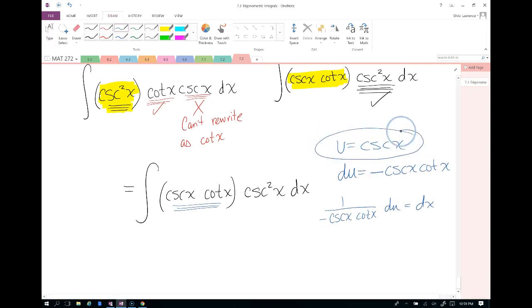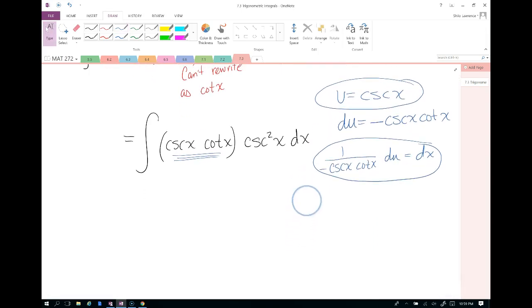So we'll use our u, and we'll use this dx to do our substitutions. Don't do anything with the piece that you have partitioned off. That hopefully will cancel on its own.